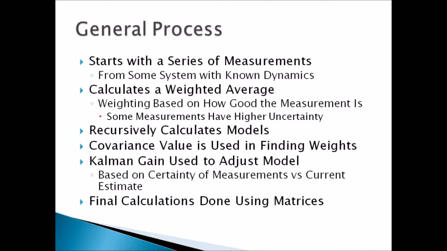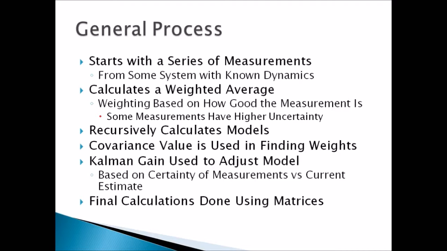Now, it recursively calculates newer and newer models as it goes on, and when it finds the weights to produce each new model, the covariance value is often used in finding these weights. Also, the model can be adjusted with a factor known as the Kalman gain, which basically says whether to favor a model estimate that it's using or to favor newer current measurements.